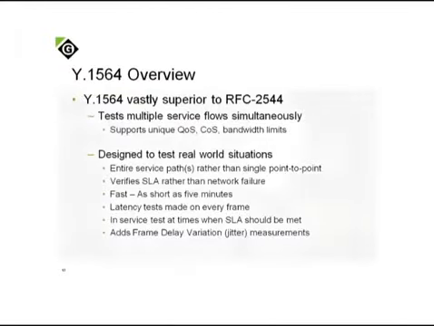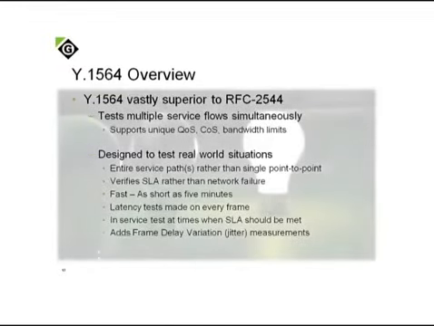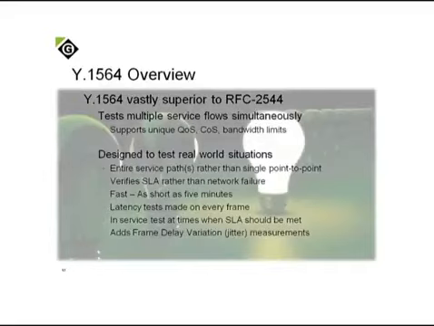So like I said, Y.1564 really is vastly superior to RFC 2544. One, it tests multiple service flows simultaneously. So we can now emulate these synchrophasors, PMUs, IEDs, and non-operational information like IPTV and Ethernet traffic. Each one of these service flows can support a unique quality of service and class of service, plus bandwidth limits.